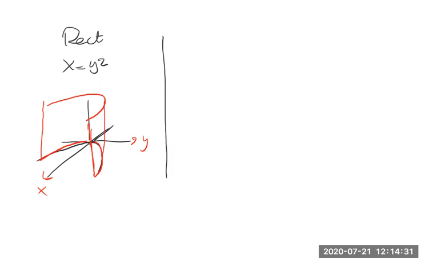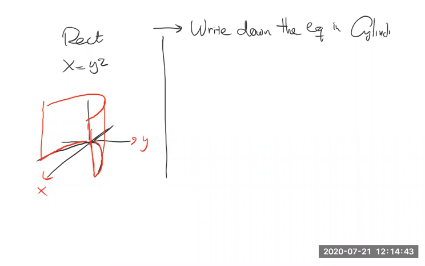Now the question is, write down the equation of this surface in cylindrical coordinates. Well, let's see. Here we know x is equal to y squared.